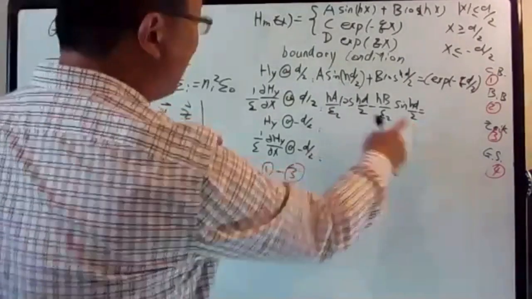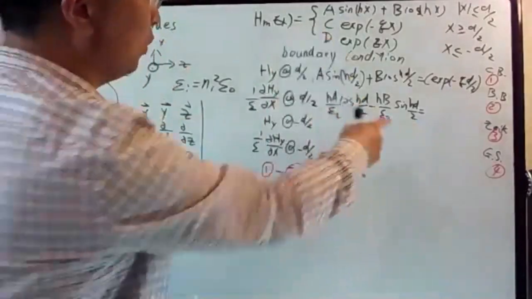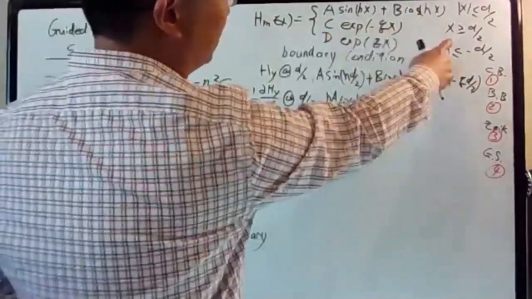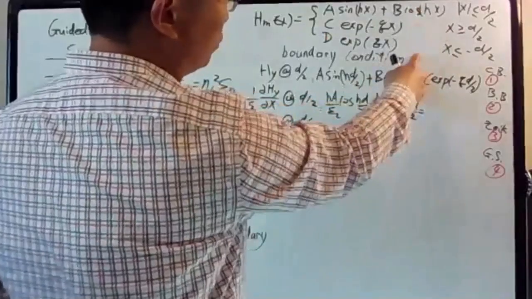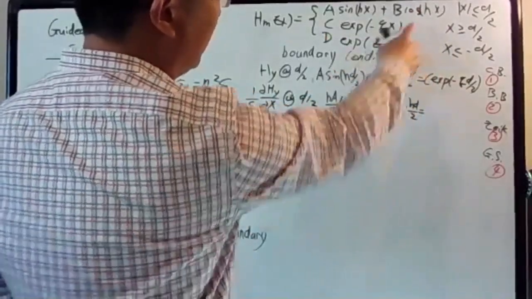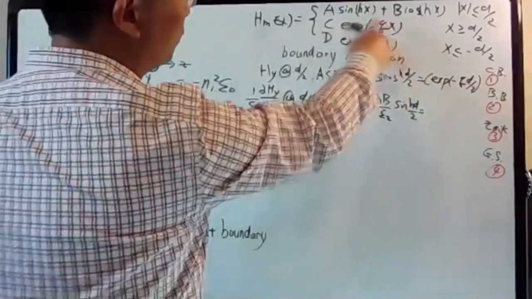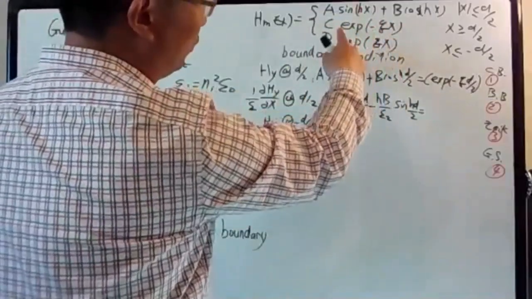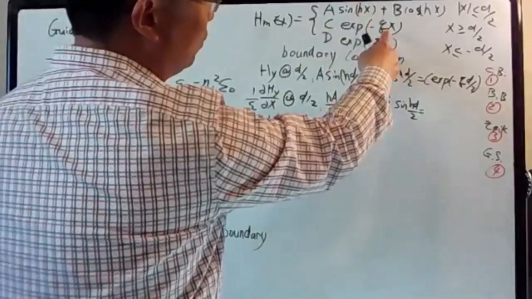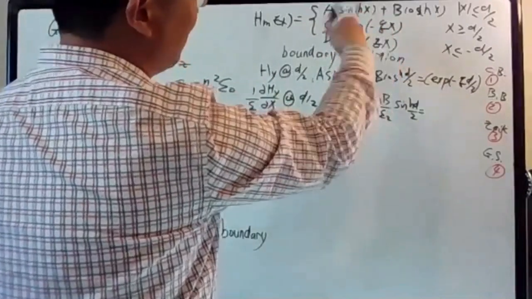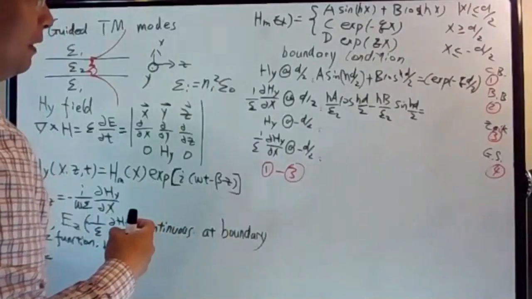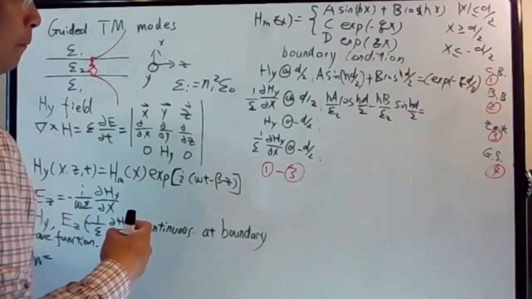Okay, so the last part is at which region? Region 1, 2, or 3? 2. Yeah, 2. This one, right? So you first take a derivative and make x equal to d over 2, and then divide by epsilon. Let me think.